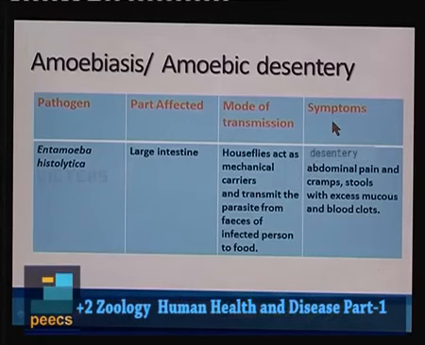So, here the housefly is not a vector, it is only a mechanical carrier of this microbe. Amoebic dysentery is characterized by diarrhea, abdominal pain, and also feces with mucus and blood clots. So, here the mode of transmission is mainly by contaminated food and water.